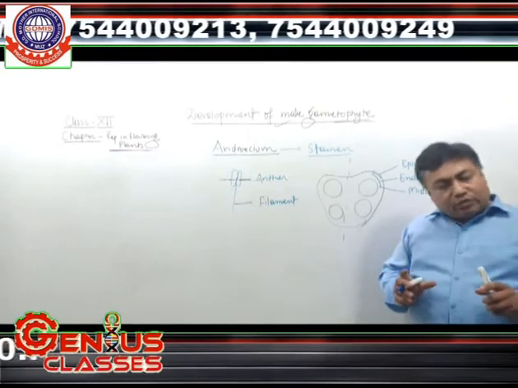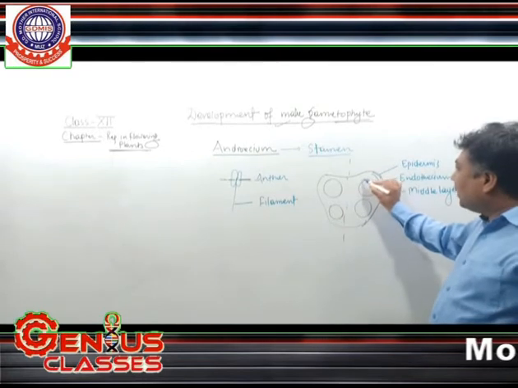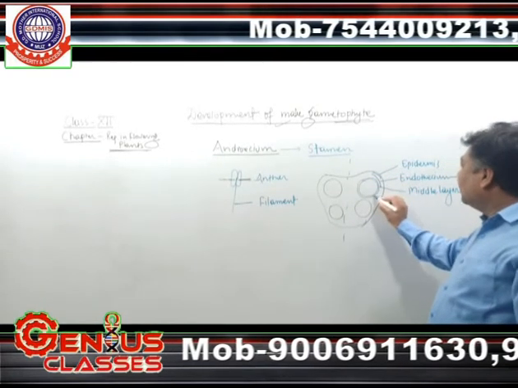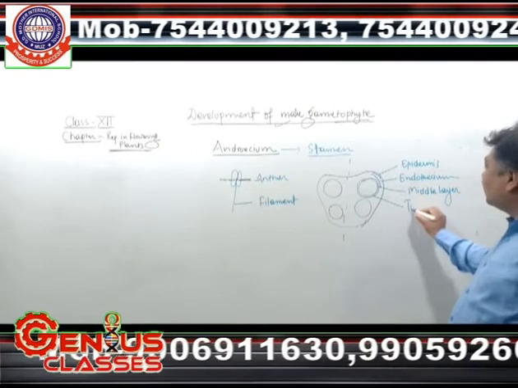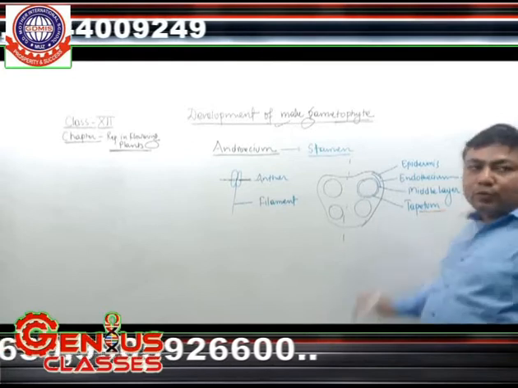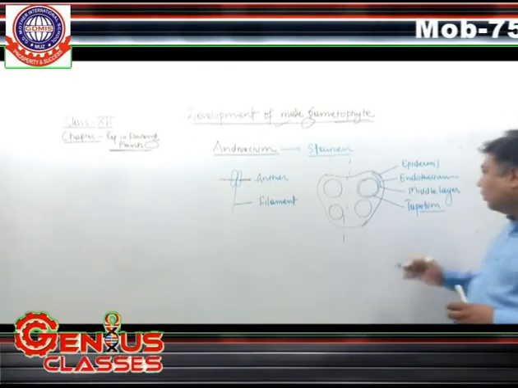And the innermost layer, which provides nourishment to the sporogenous cells present inside the sporangium, is called the tapetum.